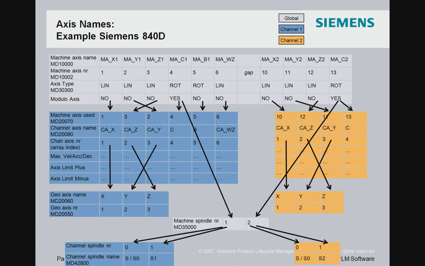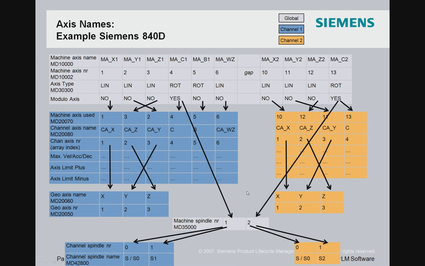So by the direction of the X and Y axis, it is determined what the plane for circles, for example, is. In addition, like I said, you can have a separate configuration per channel that picks different axes from the machine axis lists and makes them available in this channel upon initialization.